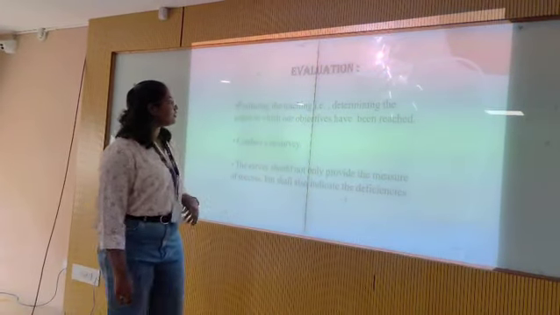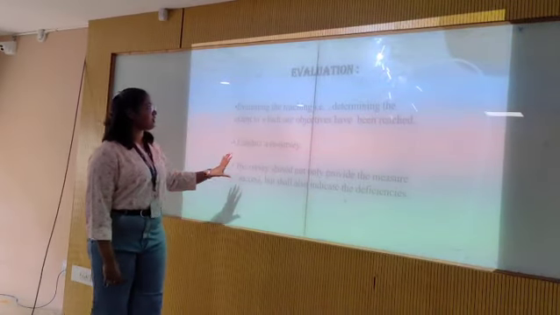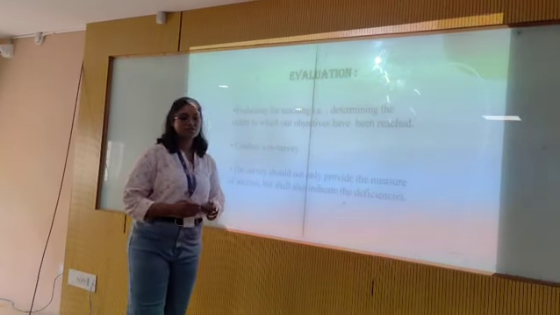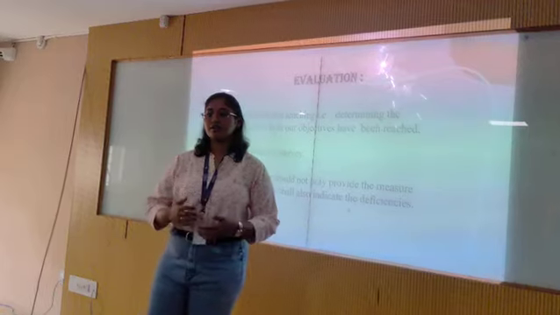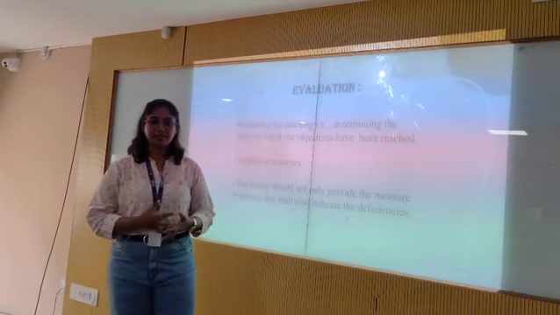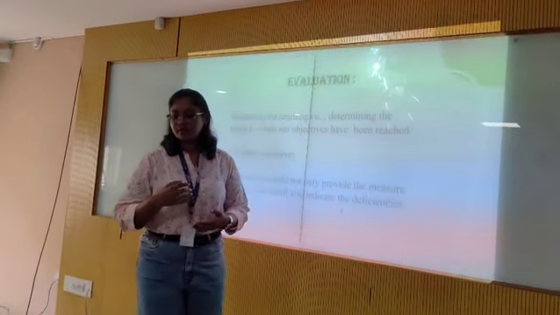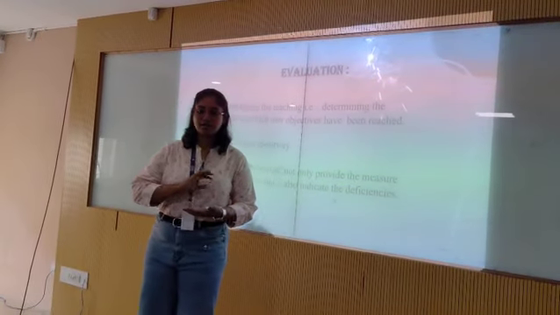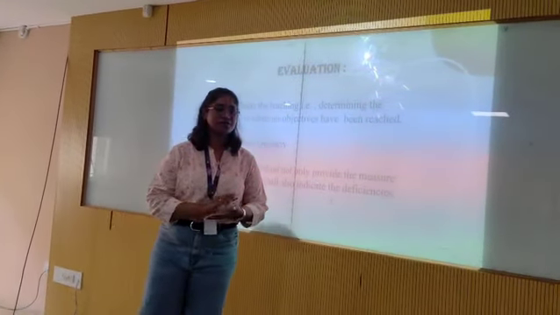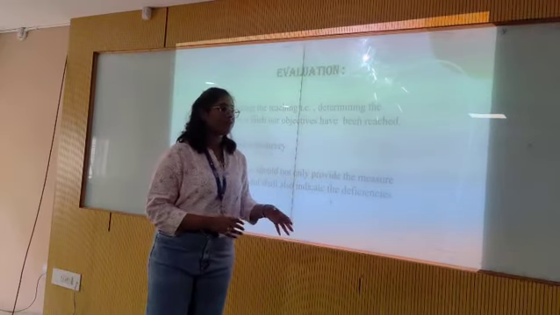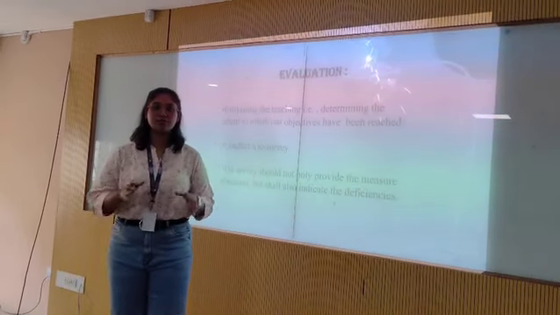The fourth step is evaluation. The process is going on, the farmers are learning and taking up new varieties. After adopting those practices and growing new varieties, we have to regularly check the process.